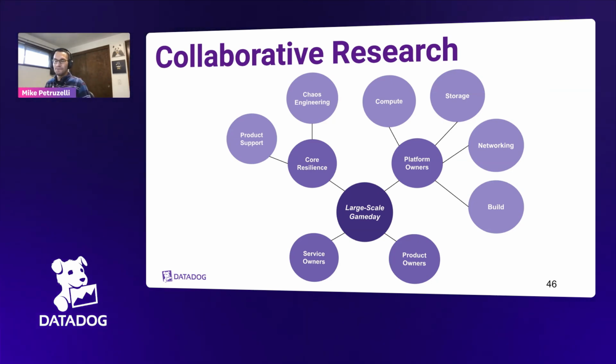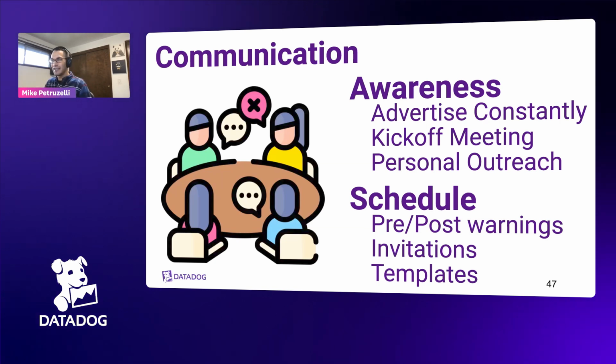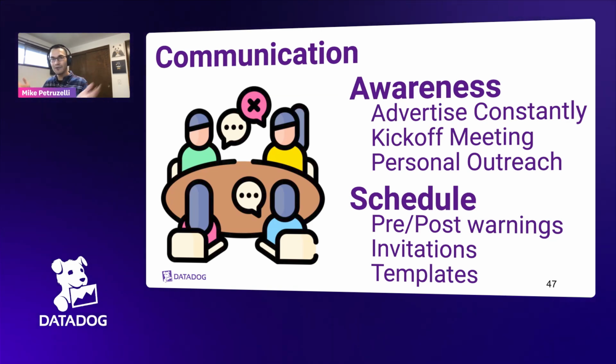Along with that, it's communication. And really importantly, it's awareness. So go to every meeting, advertise everywhere you can, reach out to individuals. Say, hey, your team hasn't participated. Is there somebody you can nominate? Or if you've been nominated, please come. And we always hold a kickoff meeting. We get everybody together.